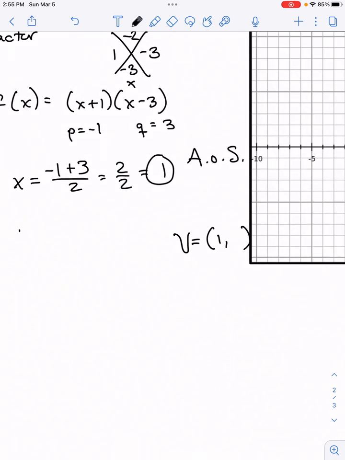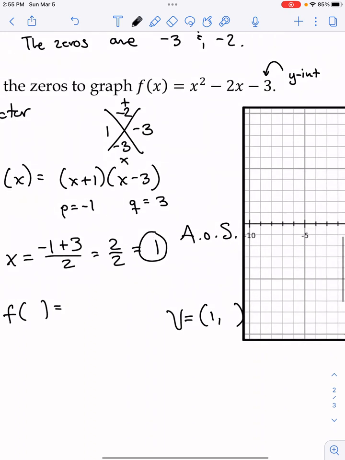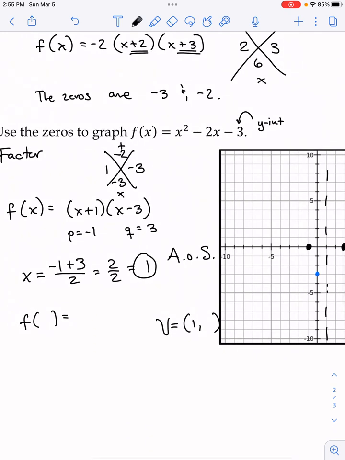Okay, so now plugging this in, let me put parentheses in place of our x's. So instead of x squared, we're going to have parentheses squared. Minus 2x will be -2 times parentheses minus 3.